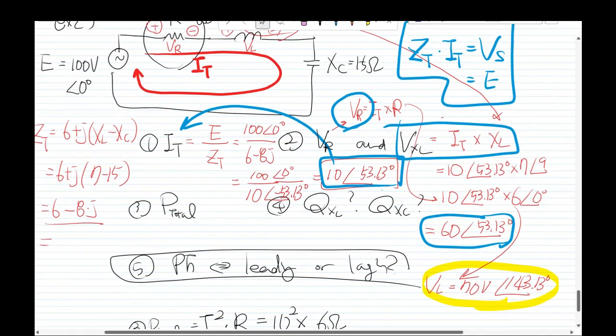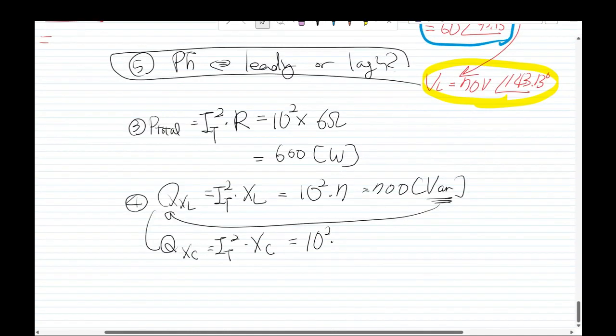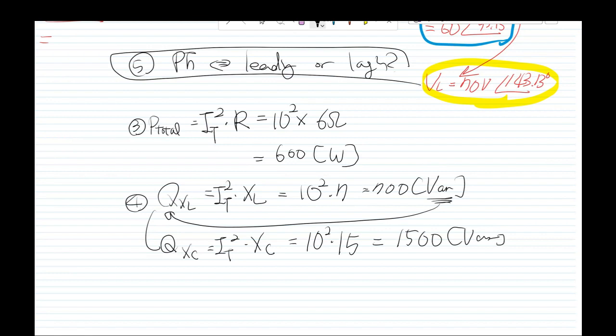It's the 15, right there. So 15, so 1,500 VAR. Okay, so that is the answer for Q sub X sub L and Q sub X sub C. Q is for reactive power.